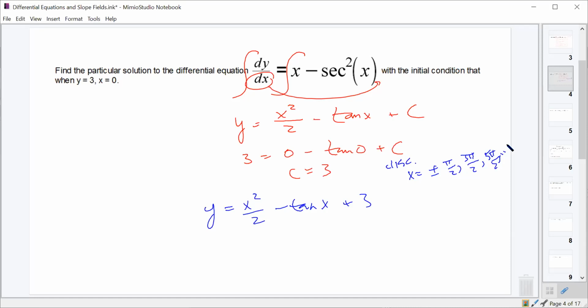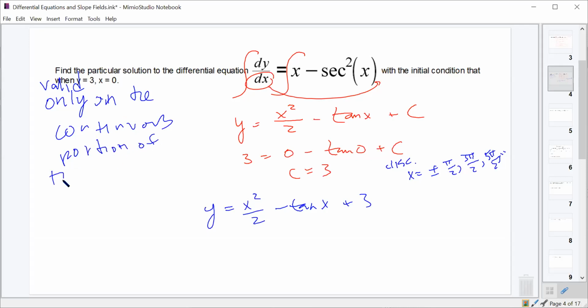And so what I will say about that is that it's valid only on the continuous portion of the domain that includes the initial condition.